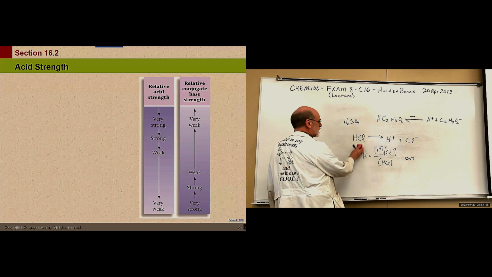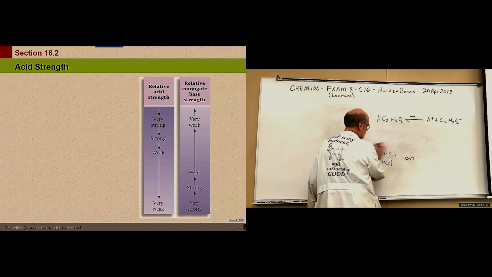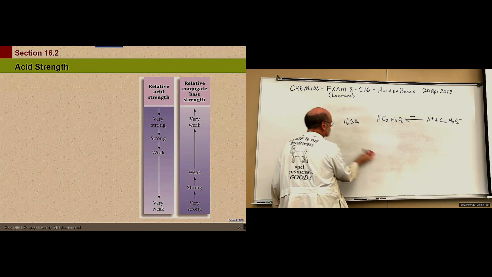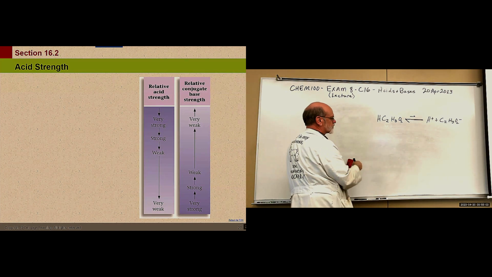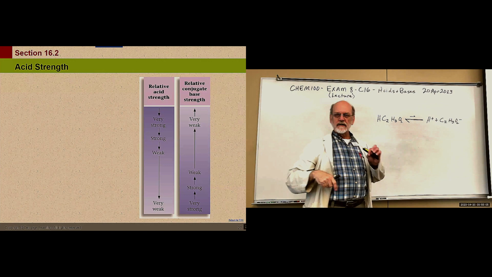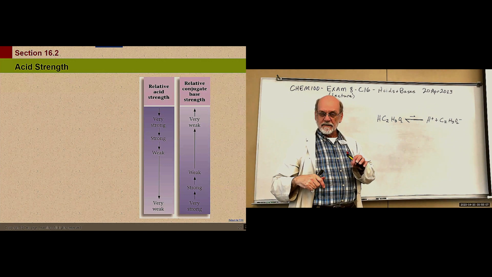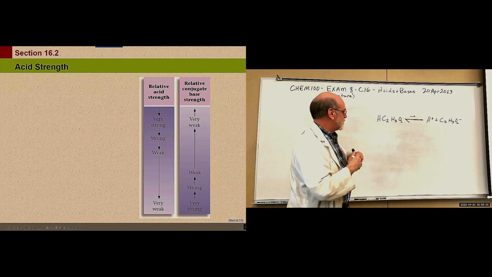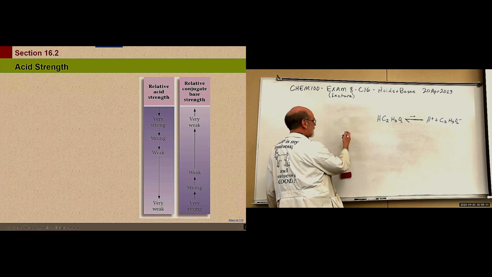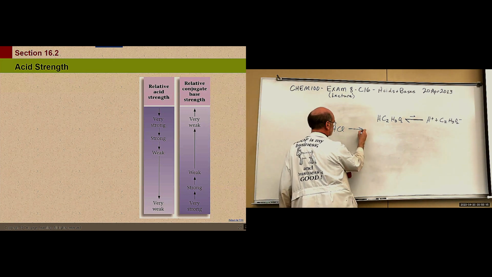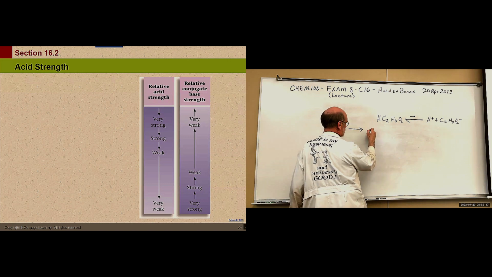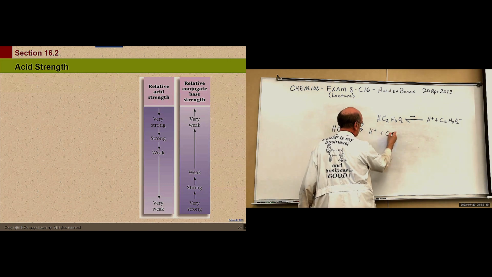What we want to do is try to draw some conclusions about strong acids and weak acids. If we have a strong acid, let's put this one up here again. This one produces essentially those two.